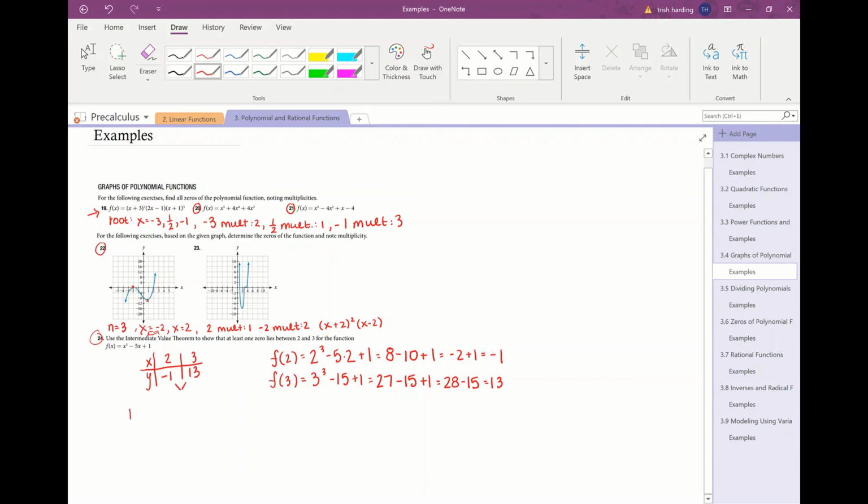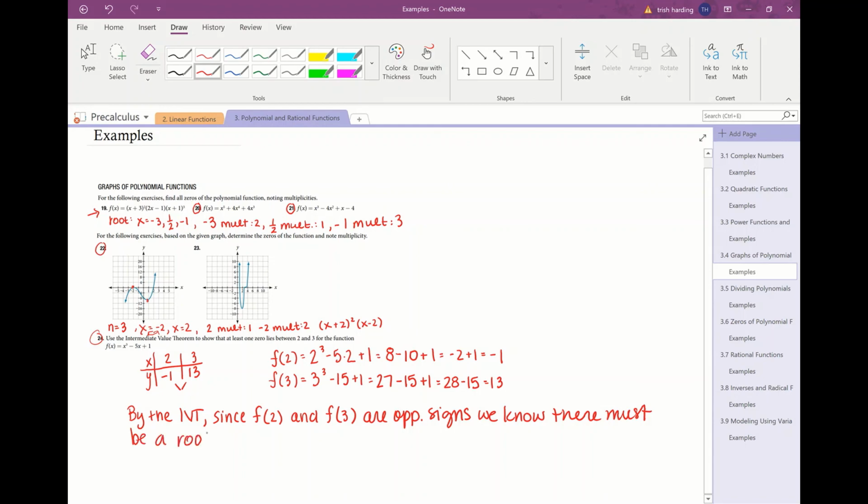Notice that they're different signs, so by the intermediate value theorem, since f of 2 and f of 3 are opposite signs, we know there must be a root between x equals 2 and x equals 3.